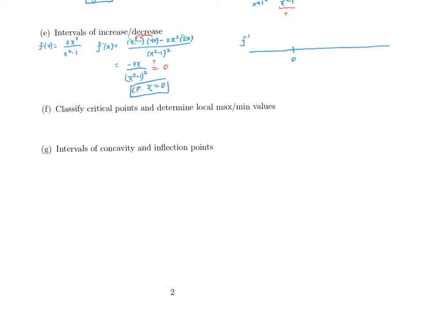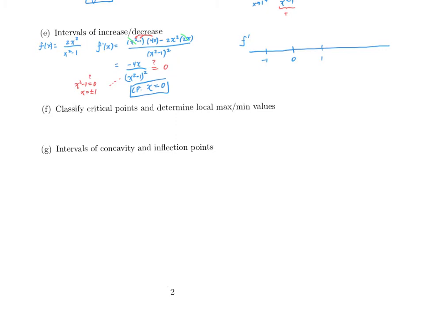So we also have to be careful to consider where is x squared minus 1 equal to 0. That would be plus or minus 1. And that gives us some potential intervals of interest to worry about.